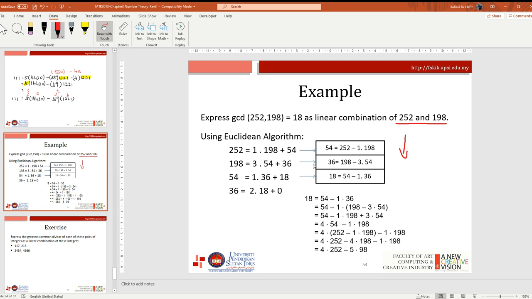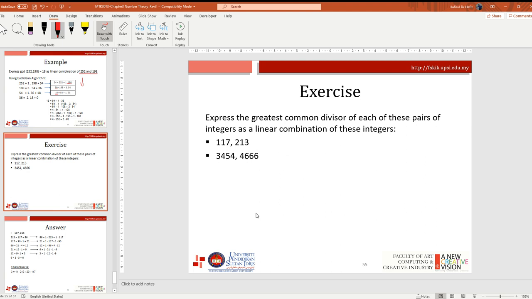This one is for the GCD. 54 is equivalent to 252 multiplied by 1 minus 1 multiplied by 198. And then we multiply, and we got 36. Okay, we got 18.